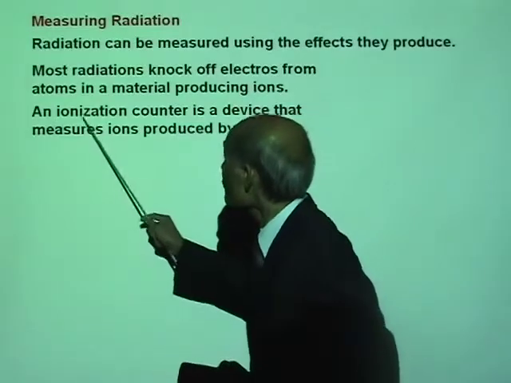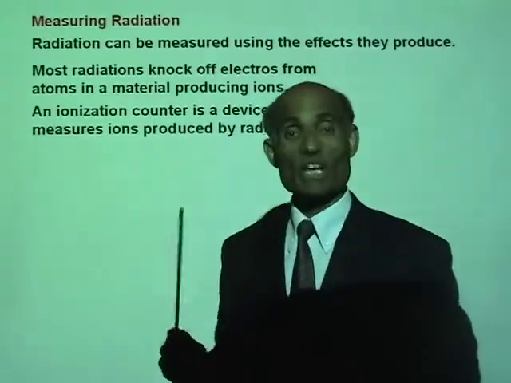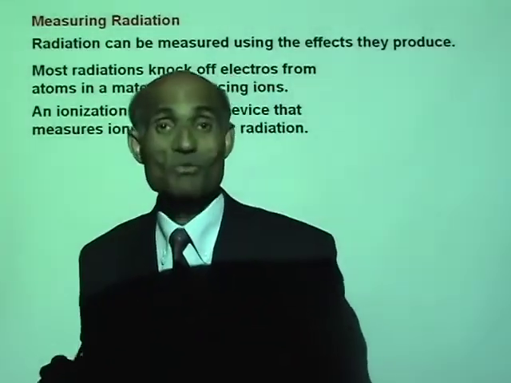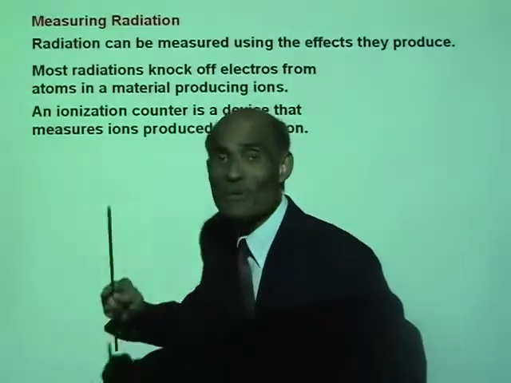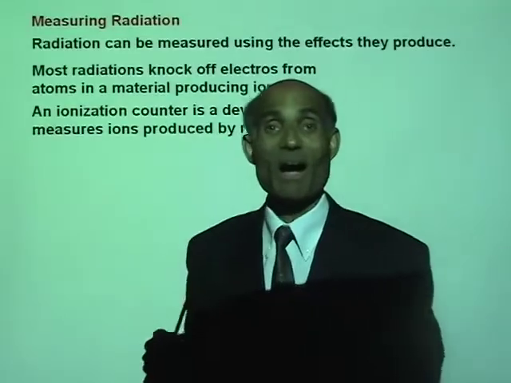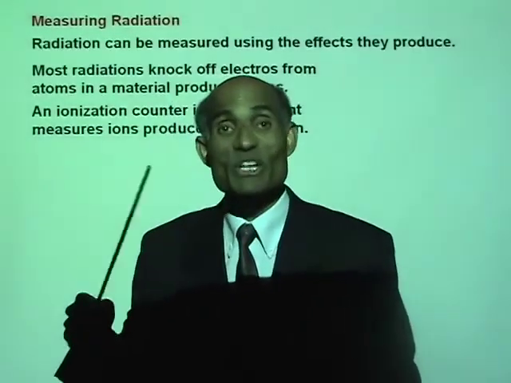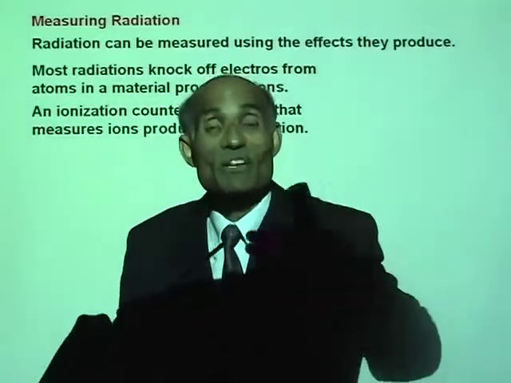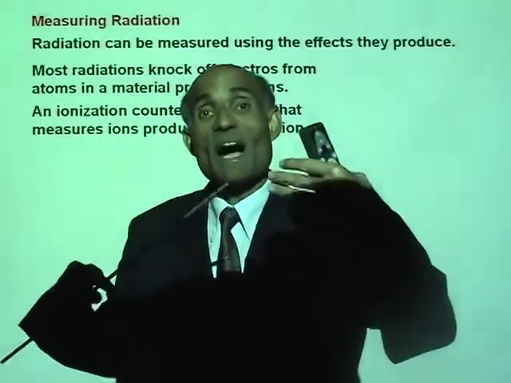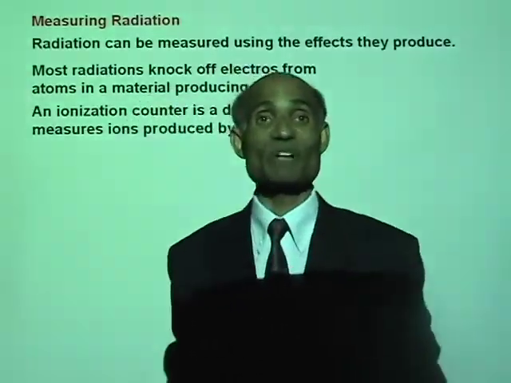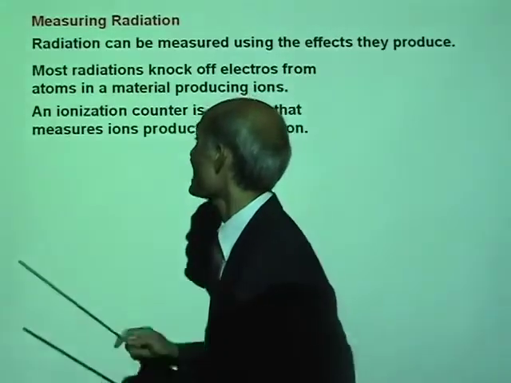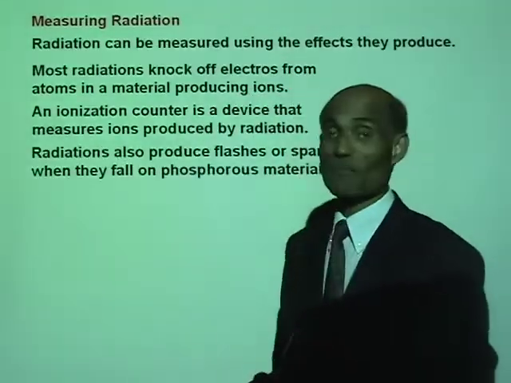A counter used for measuring radiation is therefore called an ionization counter. Why? Because these radiations will produce ionization, and the ionization is then used to count these radiations. So we call it the ionization counter.